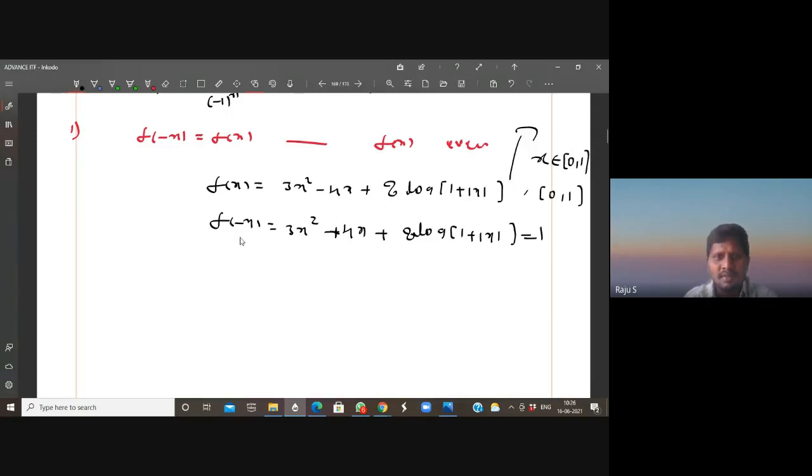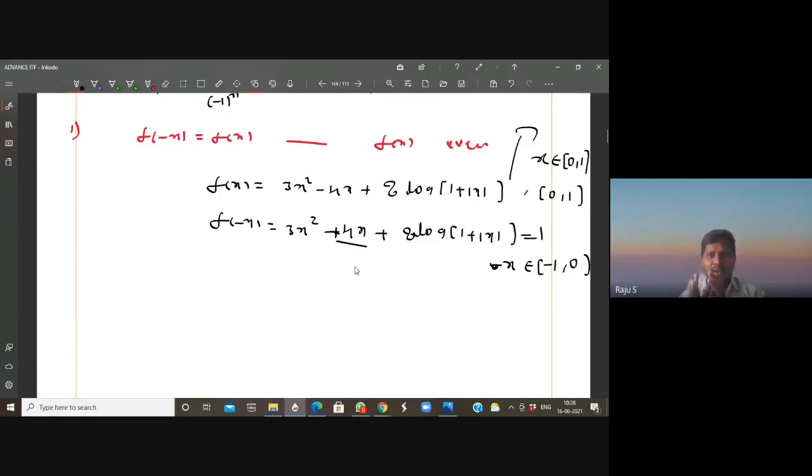When I replace x by minus x, then minus x belongs to minus 1 comma 0. But here this is simple logical question. Here x belongs to 0 to 1, the function will be minus 4x. x belongs to minus 1 comma 0, that will be plus 4x.